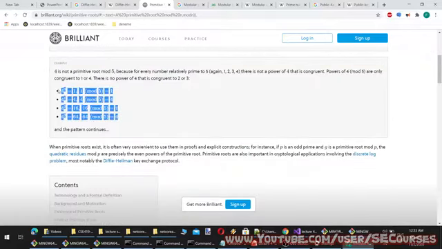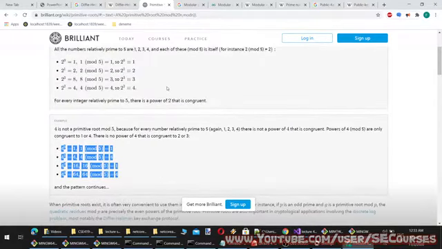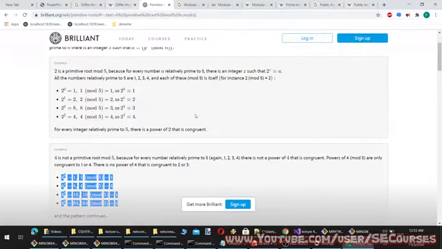Oh, I see. So this is something else. So 5 to the power 0 is equal to 1 and 1 mod 23 is 1. Okay. So 5 to the power 1 is 5. 5 mod 23 is 5.